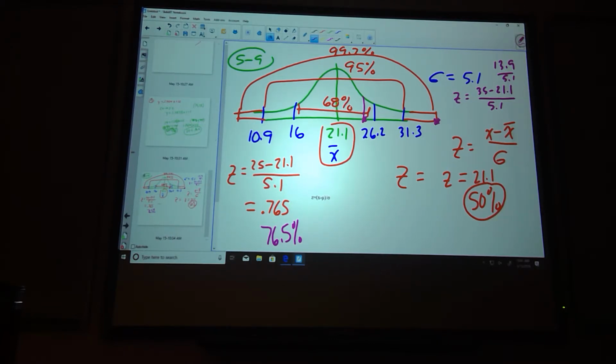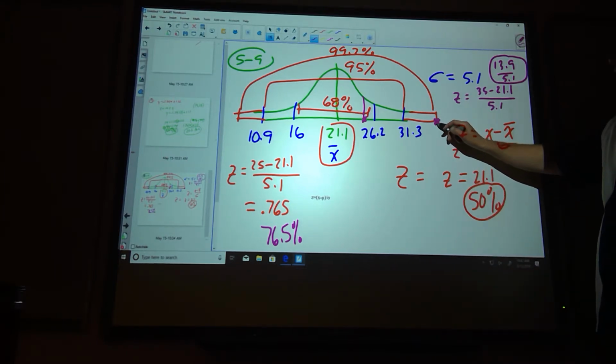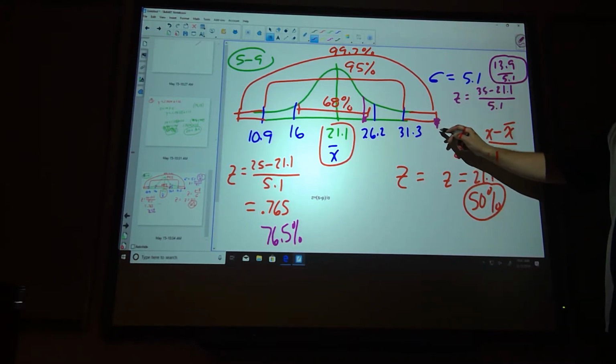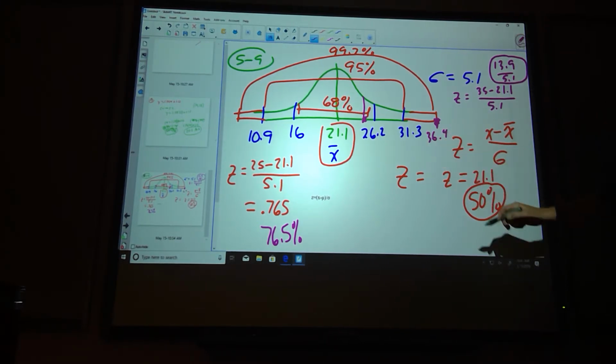The person who scores 35, we want to know if it's unusual. It is very unusual. Well over 90% of the population would score below that. If I found my next standard deviation, 5.1 added to that is going to be 36.4.